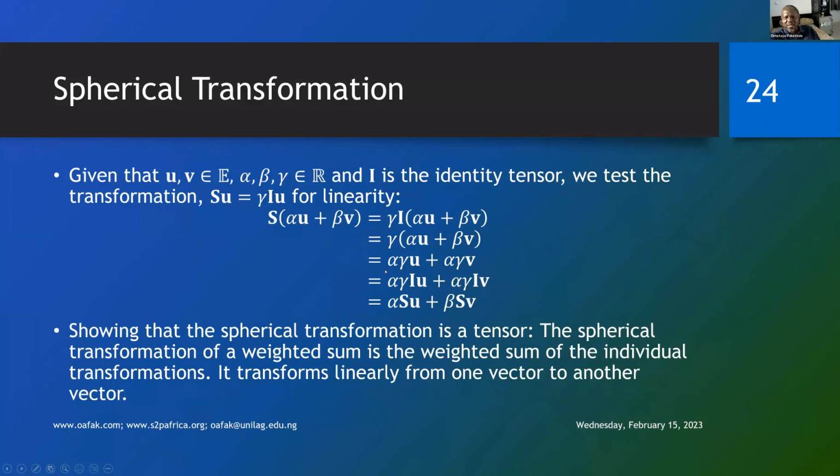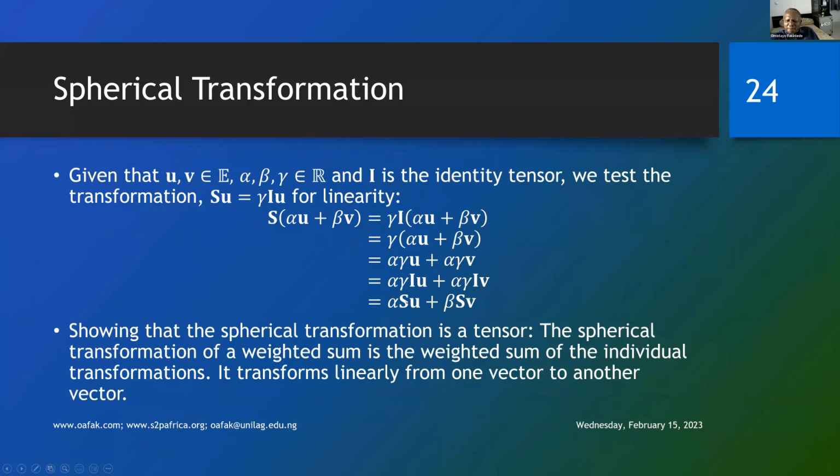What is the reason for the third line? Yes, a simple scalar multiplication. In a simple multiplication, gamma will be distributed over the plus. What's the reason for the fourth line? Okay, so the identity tensor comes in again, which doesn't change anything.